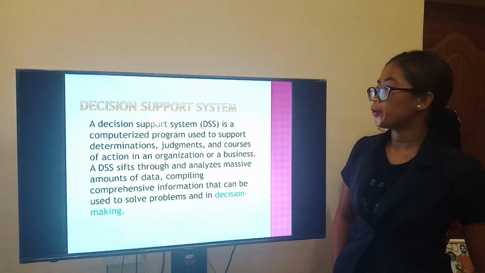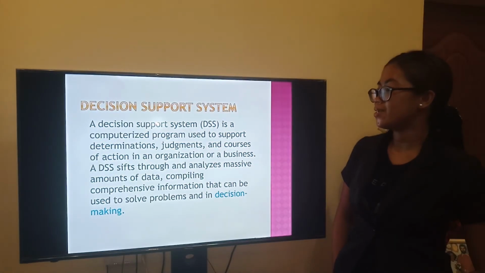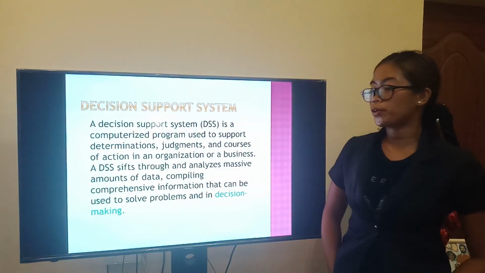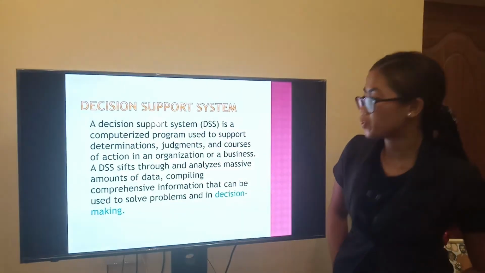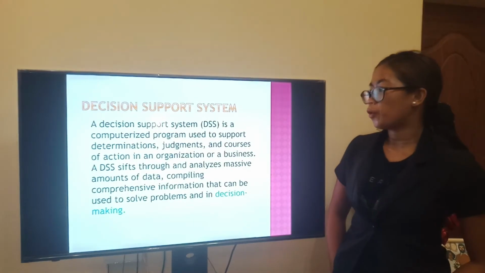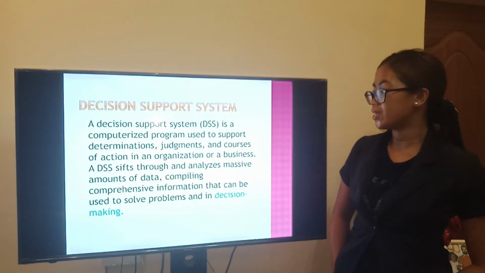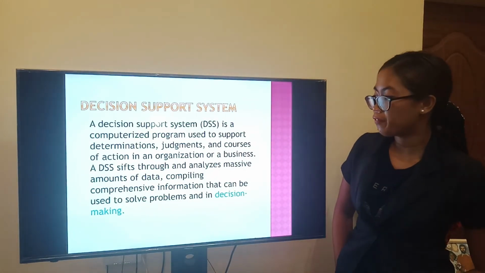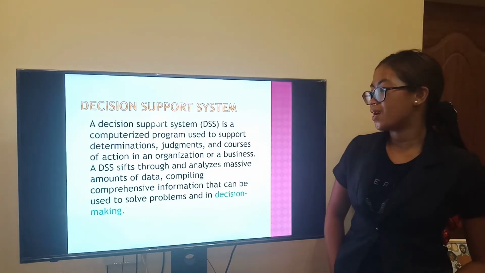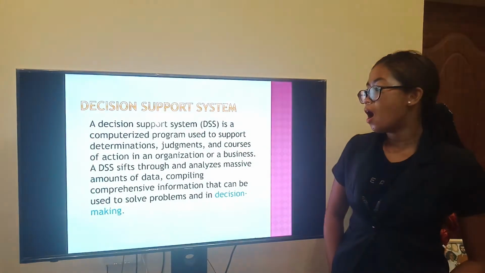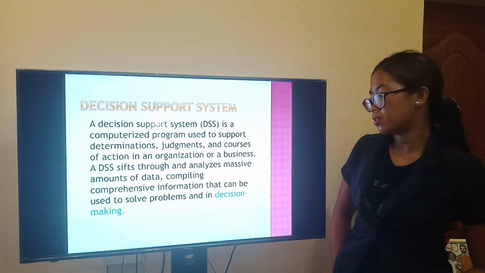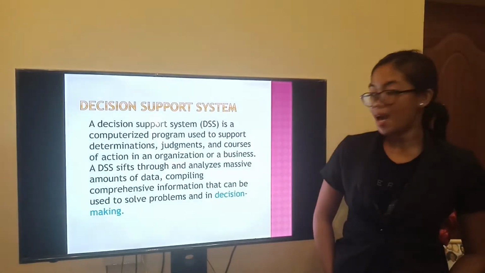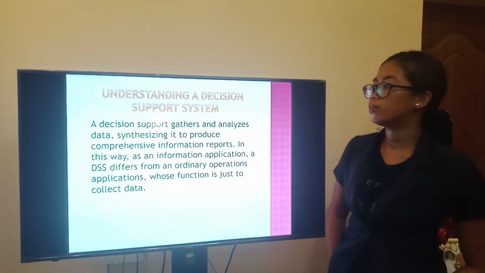A decision support system, DSS, is a computerized program used to support determination, judgment, and courses of action in an organization or a business. A DSS sifts through and analyzes massive amounts of data, compiling comprehensive information that can be used to solve problems and in decision making.